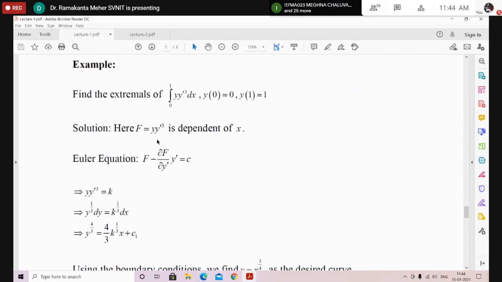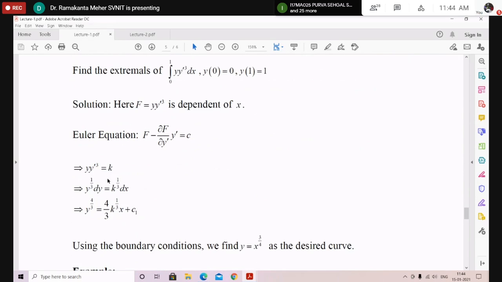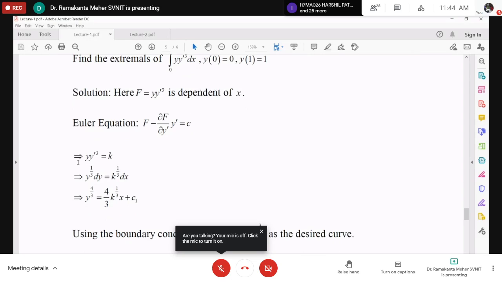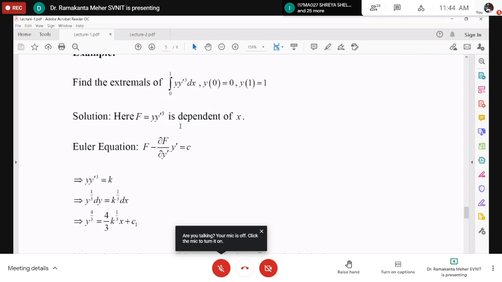So y y dash cube minus 3 y y dash cube equals minus 2 y y dash cube, and upon simplification y y dash cube equals minus c by 2, which is a constant. This is the simplified Euler equation for this variational problem when f is independent of x.